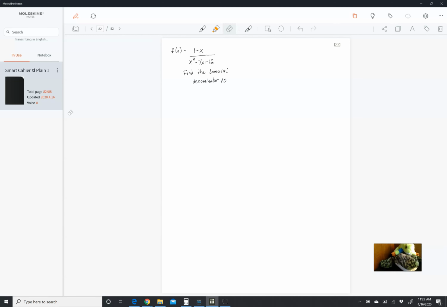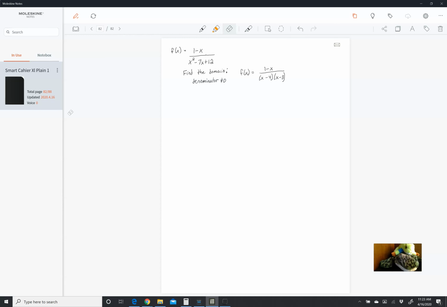So here we're not going to worry about real because we have no radicals. A reciprocal function has no radicals. So we only have to worry about the denominator being 0. So if we factor the denominator, we get x minus 4 times x minus 3.